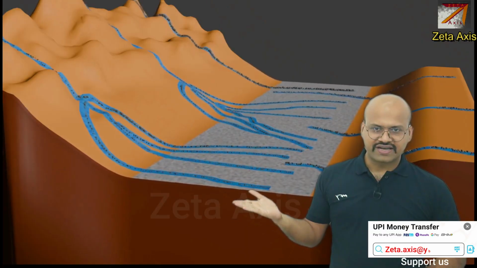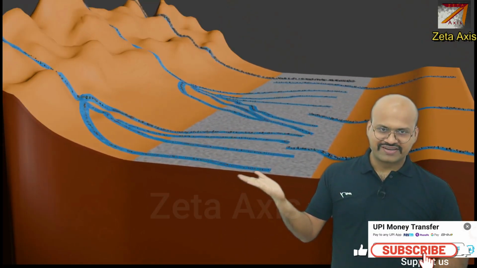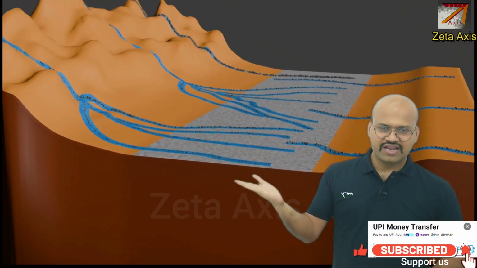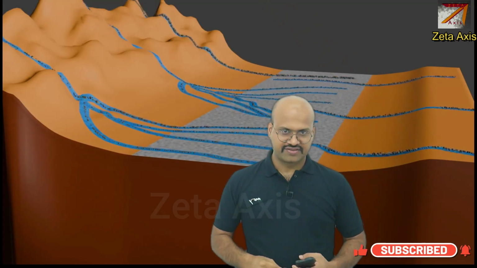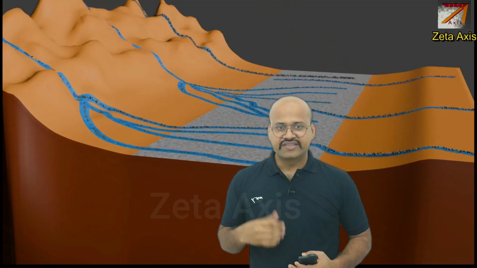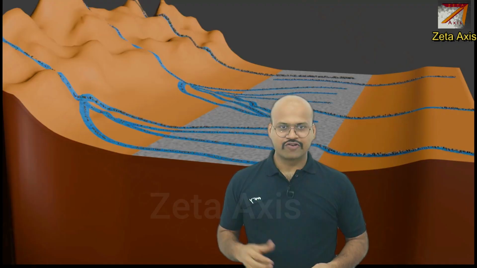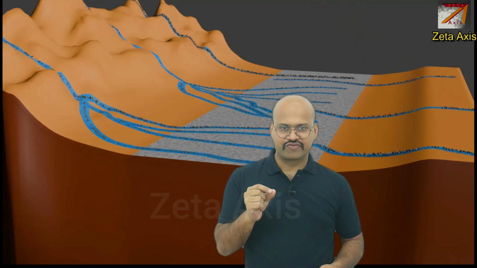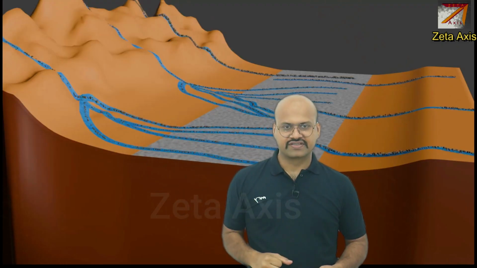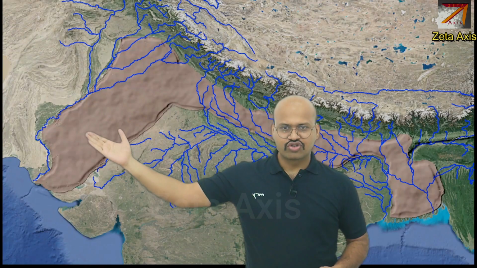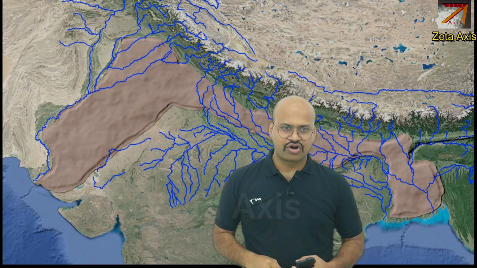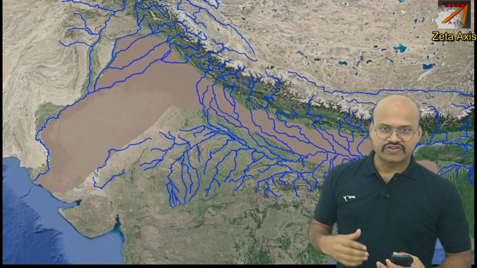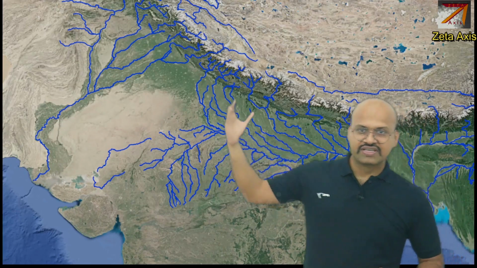Here we can see that the debris are filling up this depression and it started to form layers. So over millions of years, this process continued. The depression that we saw was filled by the silts which were brought by these rivers. So this whole region slowly got filled with the silt brought by all those rivers which we see today.